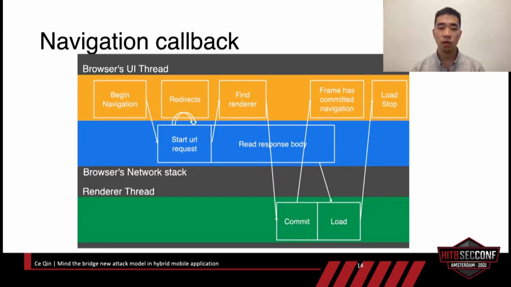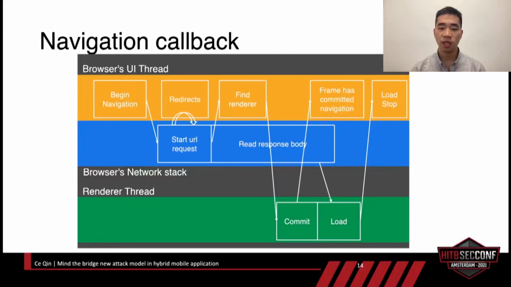First, we call a function called begin navigation. The next step is to hop over to the network service, which will actually start the URL request. Once we hear back the response, we jump back to the browser thread and choose a render thread, which will show the page.